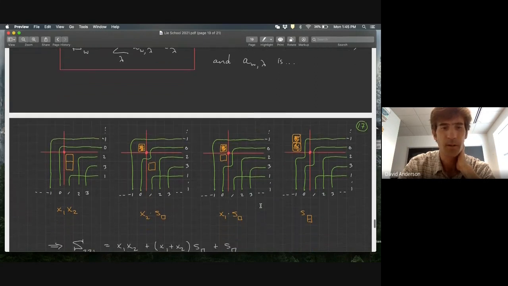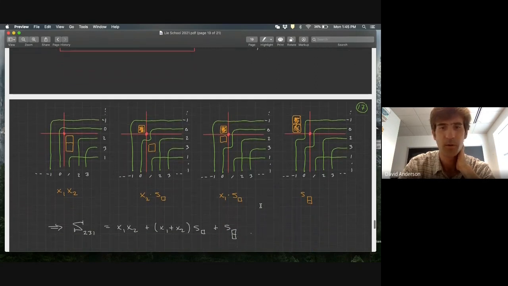This here is what you do to compute S231. You can tell it's 231 because I wrote 2, 3, 1, and this is all in order according to the permutation down the column. I'm connecting by pipes, 2 to 2, 1 to 1, 3 to 3, 0 to 0, and so forth.